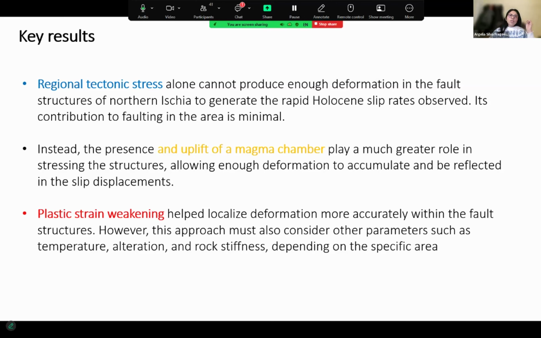And also the plastic strain weakening helps to localize the deformation more accurately within the fault structures. However, these variables must also consider other parameters such as temperature, alteration, and rock stiffness, depending on the specific area or the geological environment that we are studying.